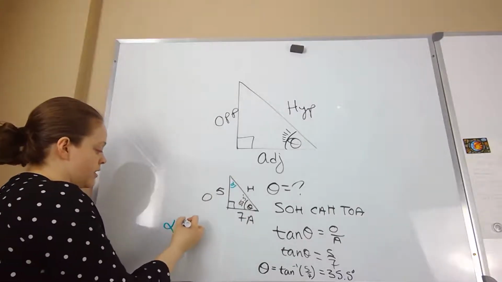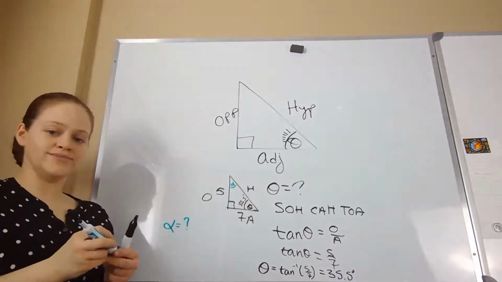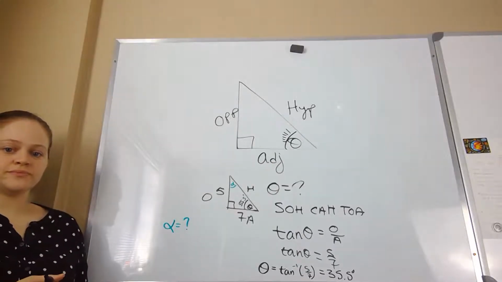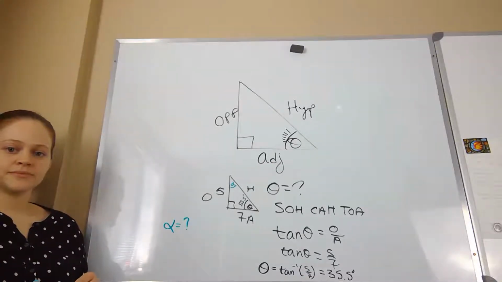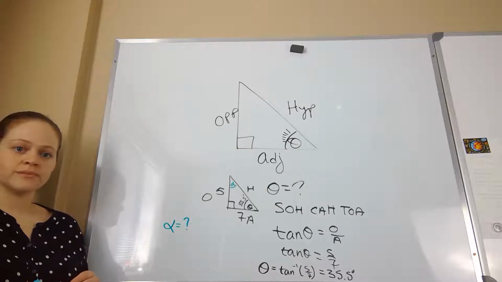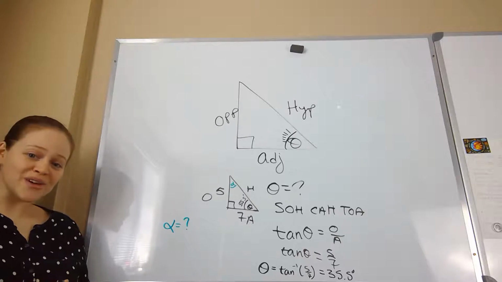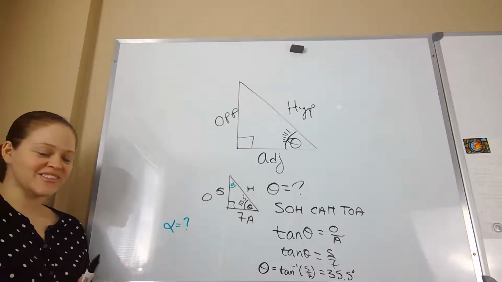So how do I get the alpha angle? We remember that there's 180 degrees in a triangle, right?